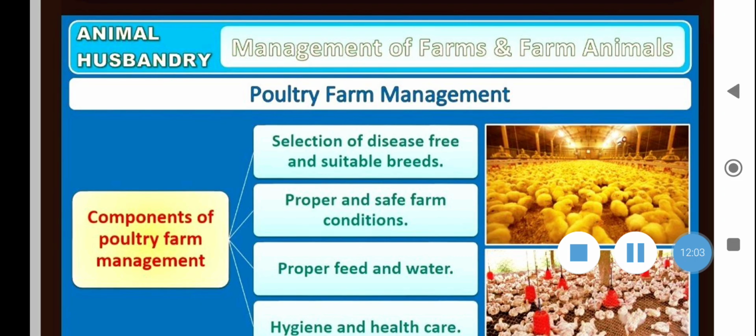There are some poultry diseases, like viral diseases such as Ranikhet, bronchitis, avian influenza or bird flu.